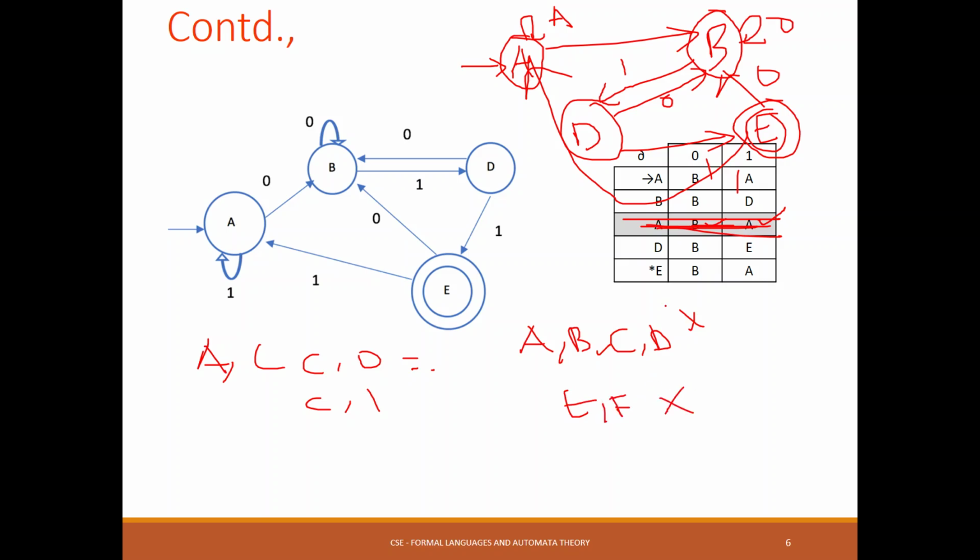After completing the minimization, we can say that A can be equal to B, or A can be equal to C, A can be equal to D, or B can be equal to D, and C can be equal to D. Since they are non-final, they can be equal amongst themselves. Likewise, E and F can be equal among themselves. A and E cannot be equal. Since A is non-final and E is final, we cannot equalize these two states. We have to equalize non-final with non-final and final with final only. This should be understood.